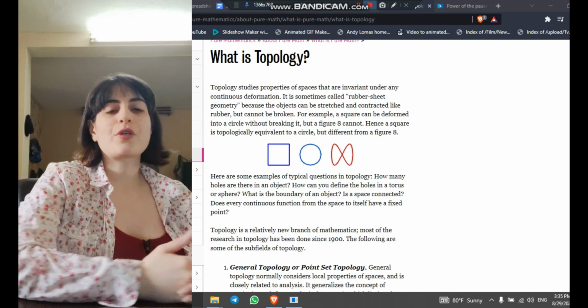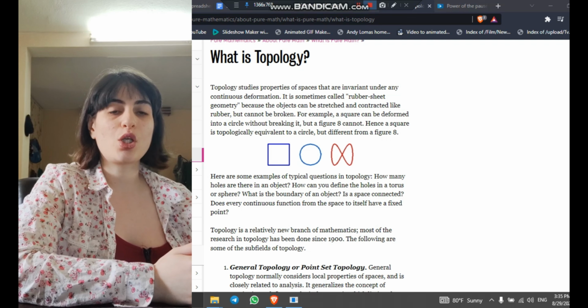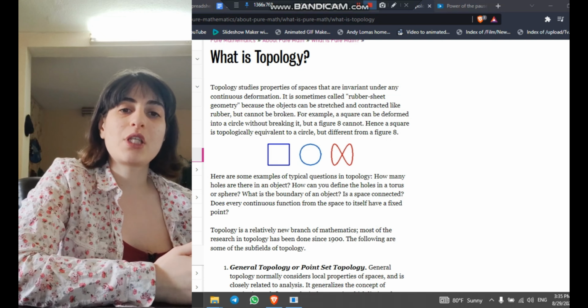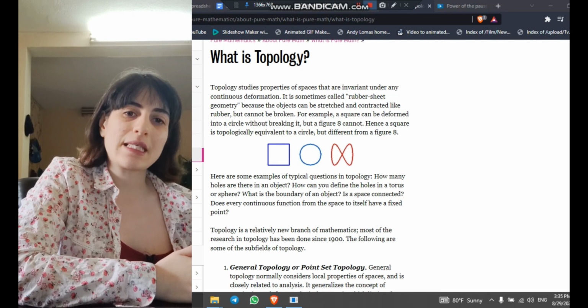If you want to create data sets, you should know that the topology of your data set should be the same to actually train your AI properly, and otherwise they would be confused with your data.